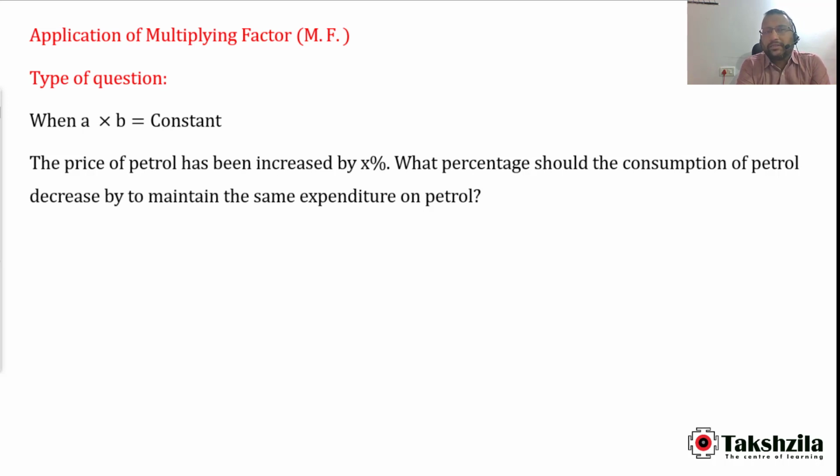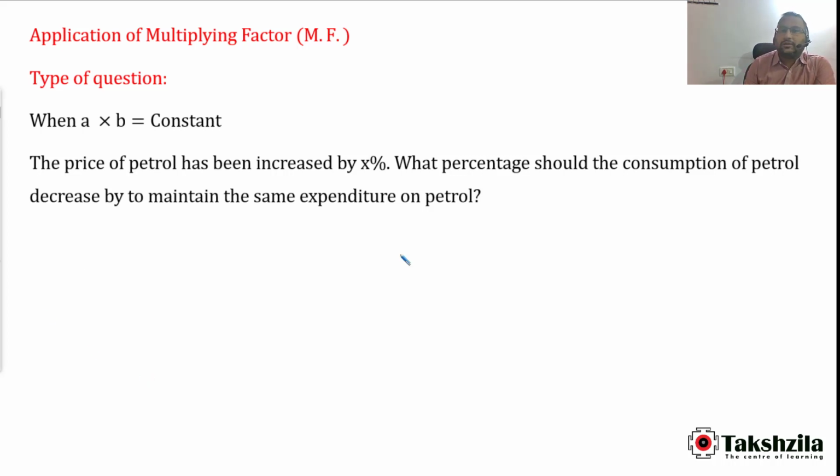Over here the concept is when the multiplication of two things remains constant. For example, a into b is equal to constant, and the type of question over here is: the price of petrol increased by X%. By what percentage should we decrease the consumption to maintain the same expenditure on petrol?